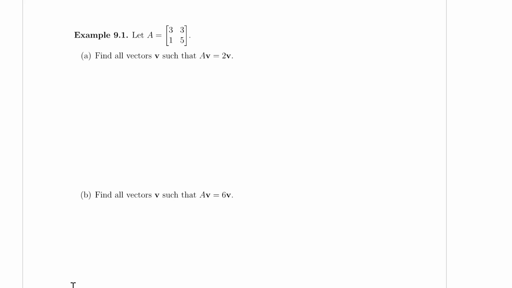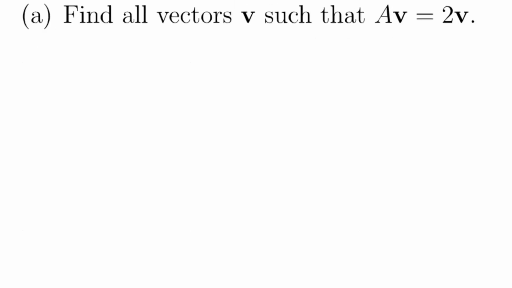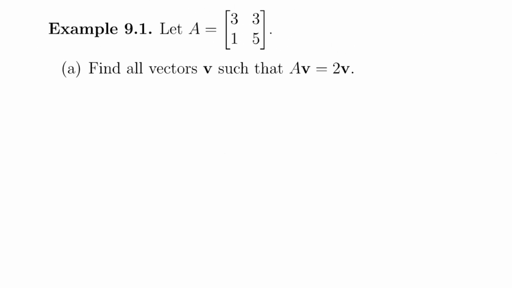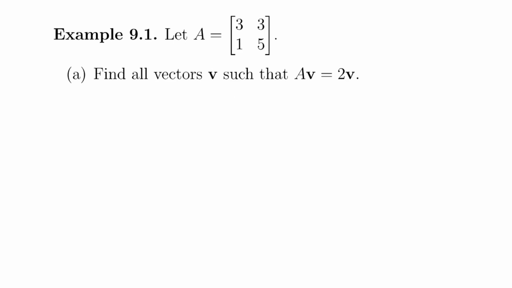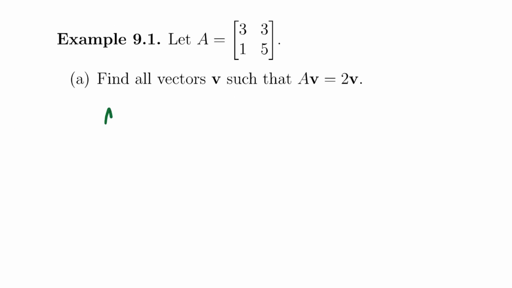Okay. So we have a matrix A, which is just [3, 3; 1, 5]. And I'd like to find all vectors v such that A times v is 2v. So, okay, let me go ahead and solve this. This shouldn't be hard. So I have my matrix A times v equal to 2v.